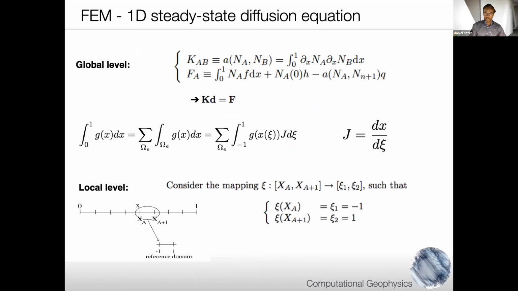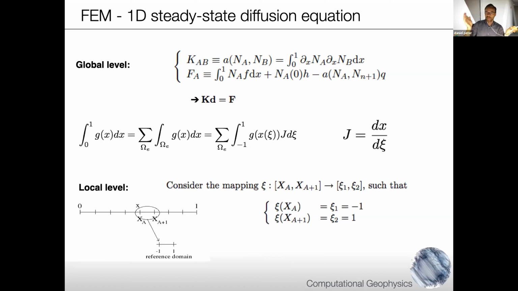So what we do now is consider this mapping. So we map from the physical domain to the reference domain. And here the J, that's the Jacobian that we just saw today. So you integrate over the domain, which in this case goes from 0 to 1. It's our physical domain.